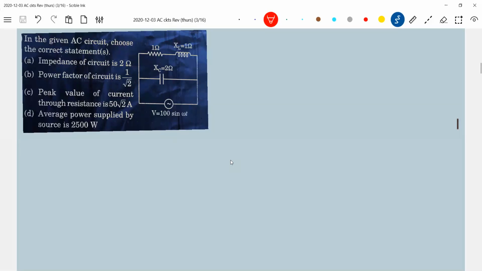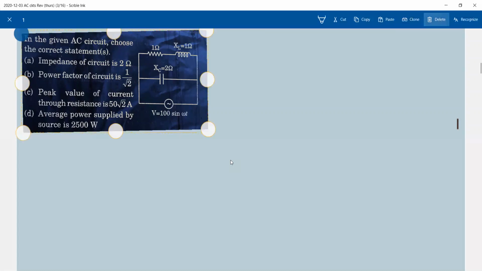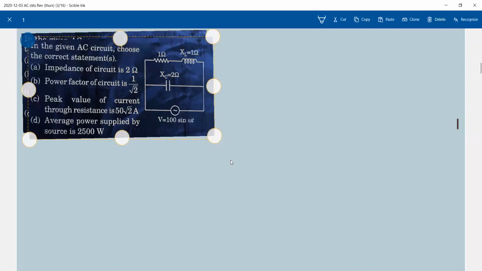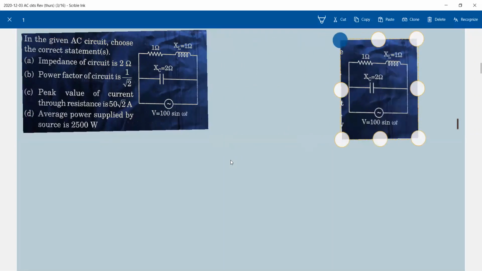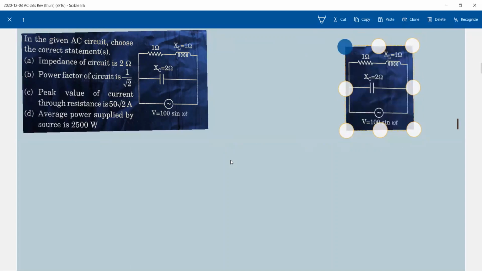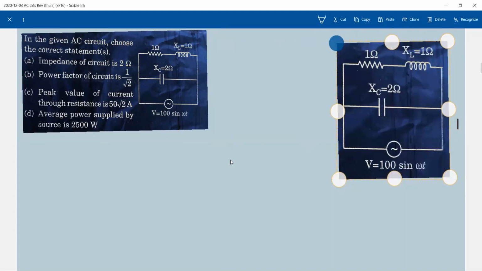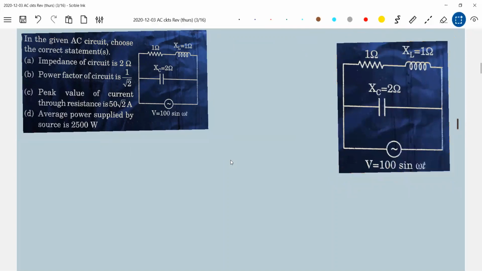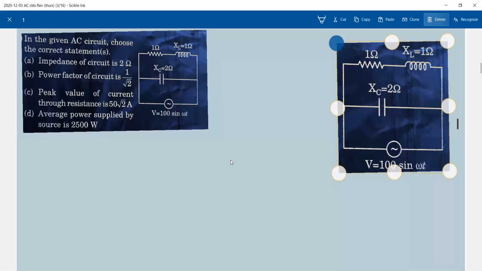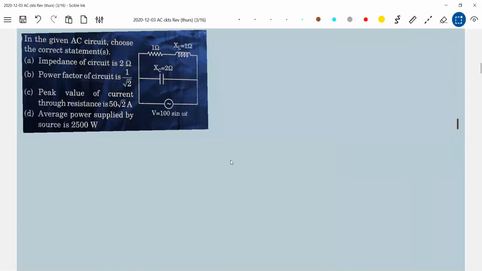I think straight away we have to jump into the parallel circuit. Immediately what happens? We take the help of the vector sum of the currents of individual branches. I think that is the only alternative available for us to solve such numericals. Let me draw it.